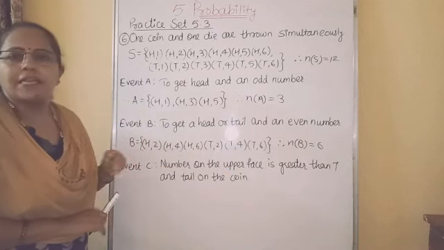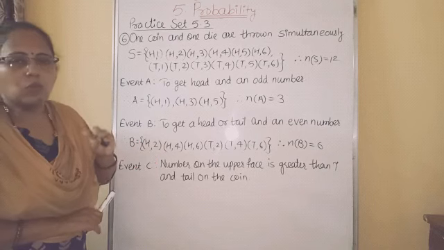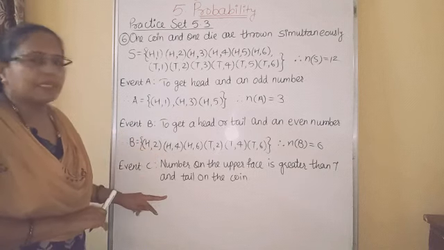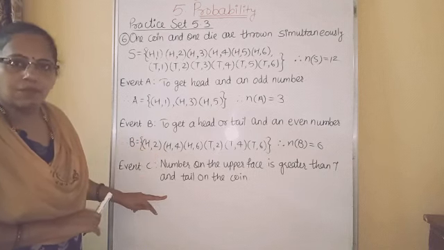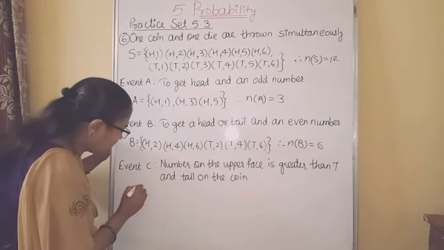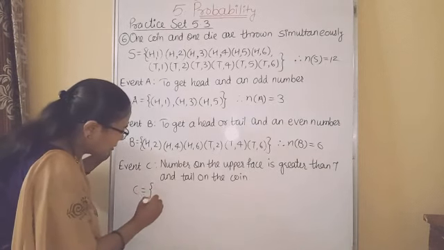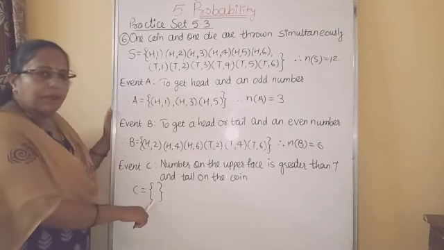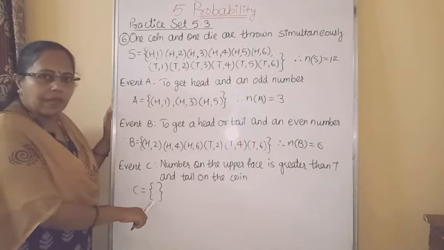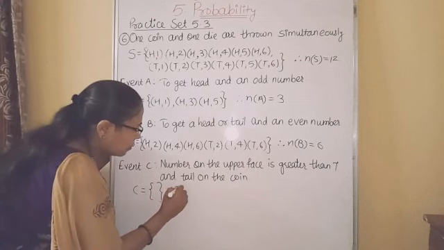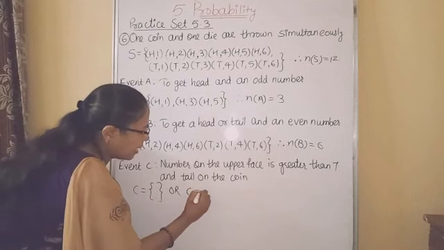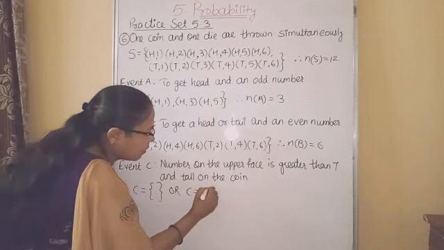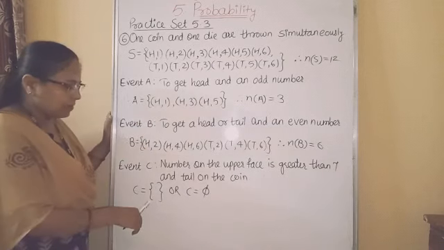So this event is an impossible event. You will not get a result in this experiment. So this event is an empty bracket. You have to keep an empty bracket. Or you can also write it as C is equal to the null set.